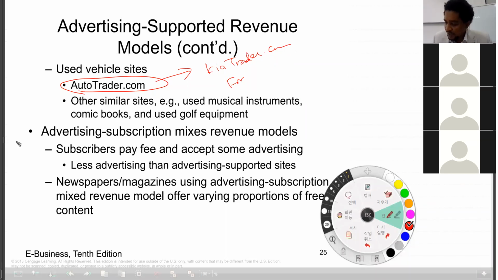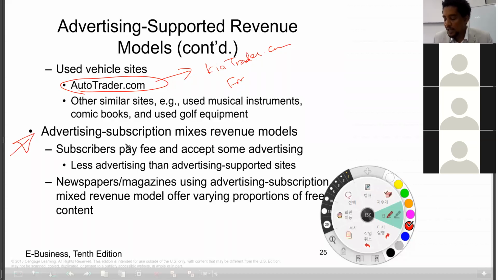But there is also a mix. There are some businesses that opened as advertising supported revenue businesses, but later on, since the advertising is not generating money, they have mixed it with subscription.